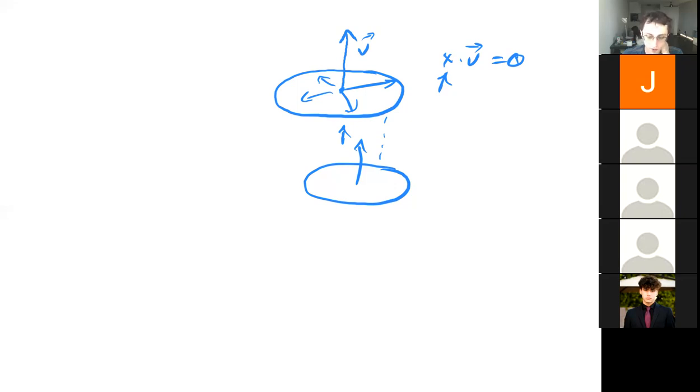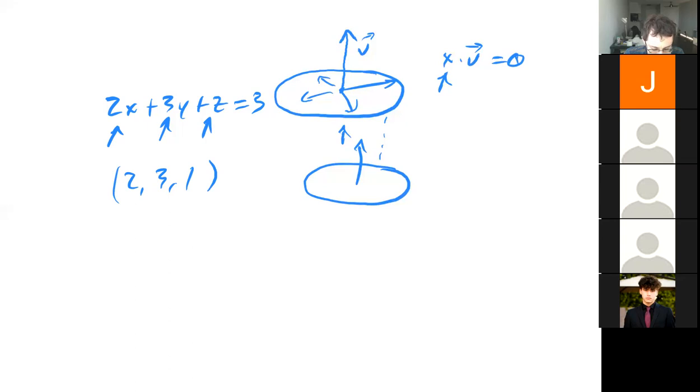And in this case, the way we find the normal vector is, if our plane is defined as 2x plus 3y plus z is equal to 3, the normal vector is going to be these coefficients, 2, 3, and 1, okay? And so that means that our plane has some sort of equation that looks like 2x plus 3y plus z is equal to k, where k is a constant.